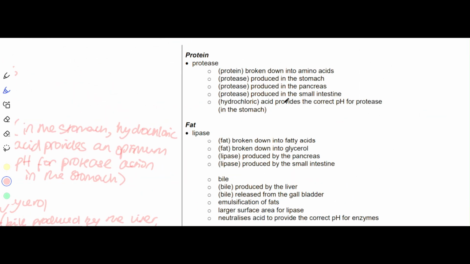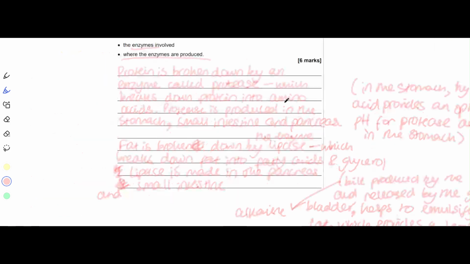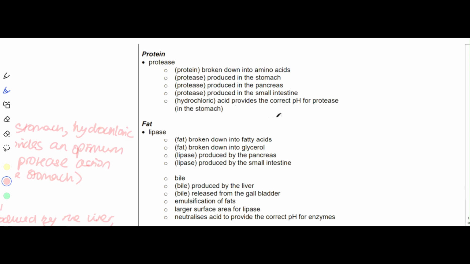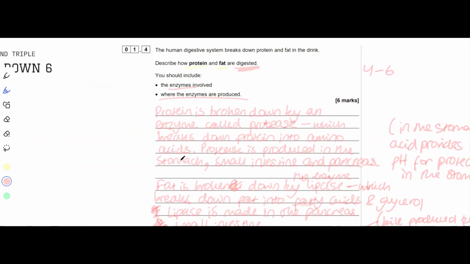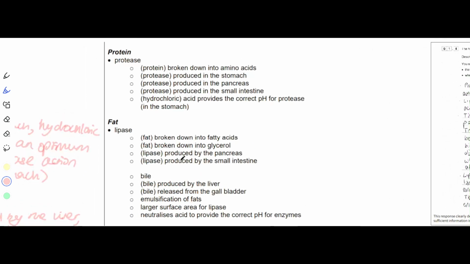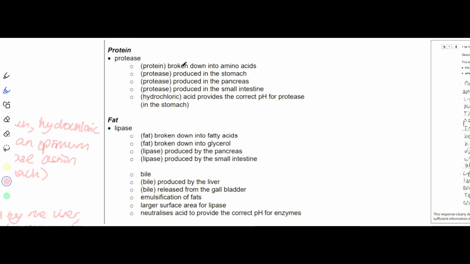Now, here's the mark scheme. So that is what we've just written. But obviously, I wanted to write this into a format of how you would write this in the exam. So it's not just bullet points, it's full sentences that you write when you're writing a 6 marker. So just as an overview, protease broken down into amino acids, produced in the stomach, the pancreas, and the small intestine. The hydrochloric acid provides the correct pH for protease.